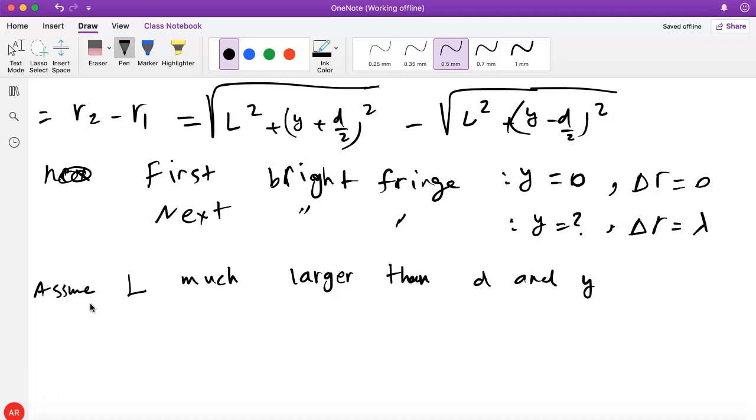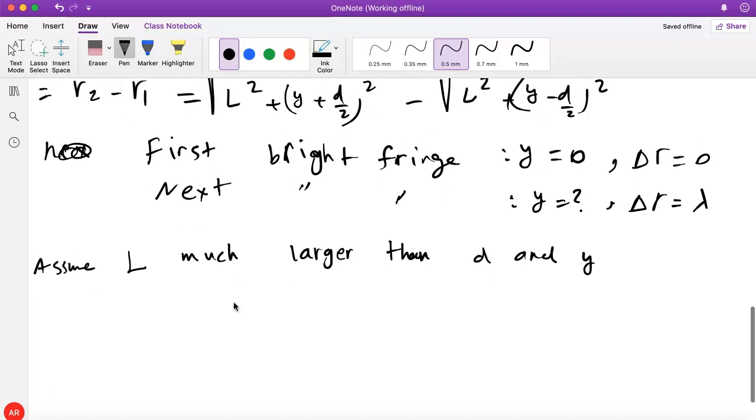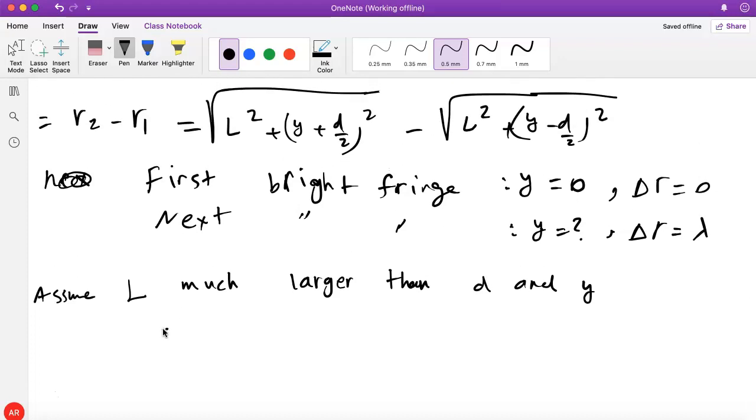All right, so how can we approximate this? What is the small parameter? Well, the ratios of Y and D over L are going to be small dimensionless numbers. So I talked before about the general Taylor expansion theorem. Remember when we used, for example, the small angle approximation, we argued that the sine of theta is close to theta if theta is small.